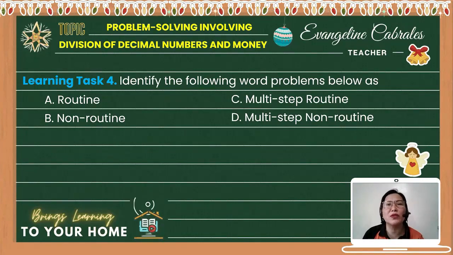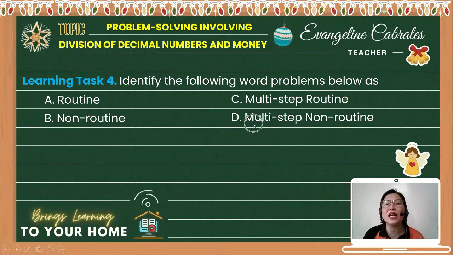Pero isang beses mo lang gagamitin ang alin man doon, yon ay non-routine. Kailan naman siya multi-step routine? Kapag siya ay isa lang ang solution, pero higit sa isa ang operation. Kagaya ng mga nauna nating ginawa. 3 ang operations na ginamit, pero isa lang ang solution. So, multi-step routine yon. Okay?